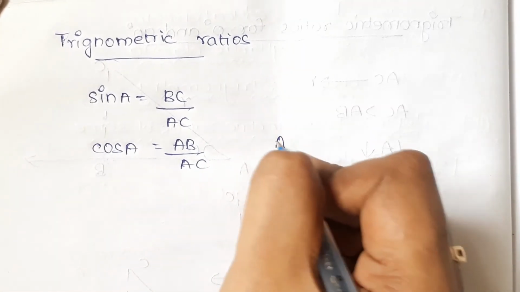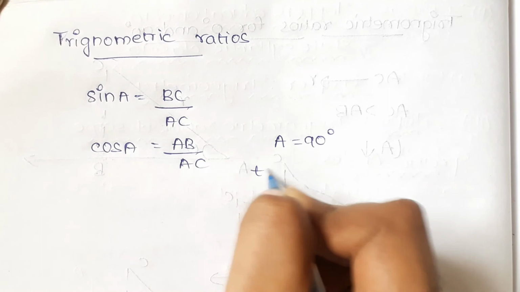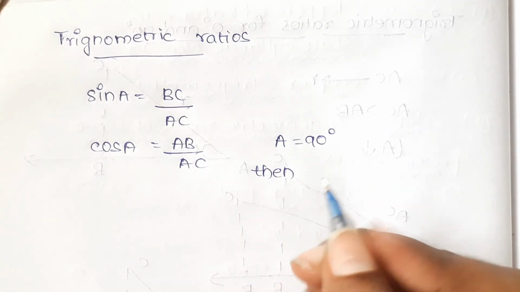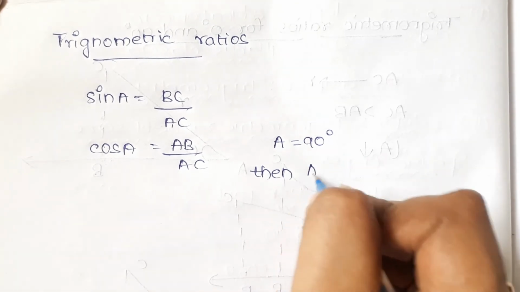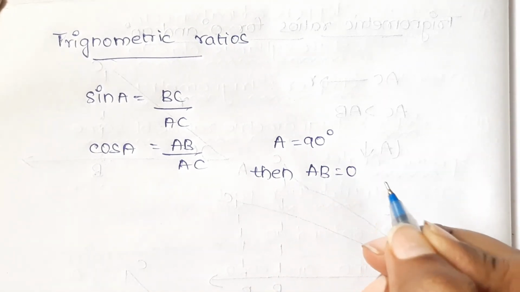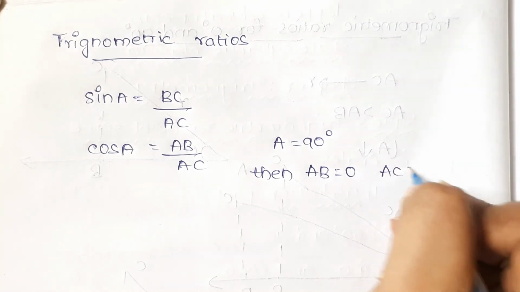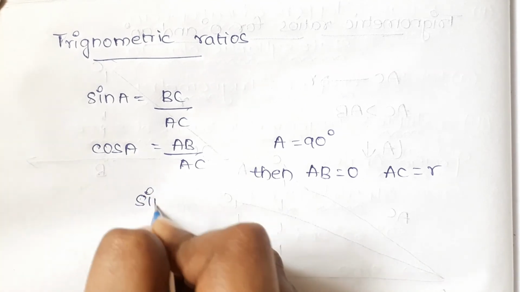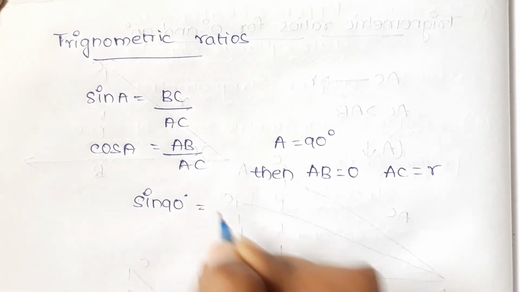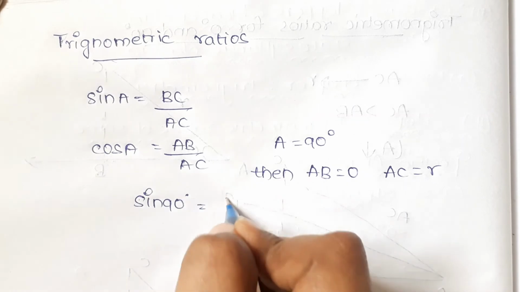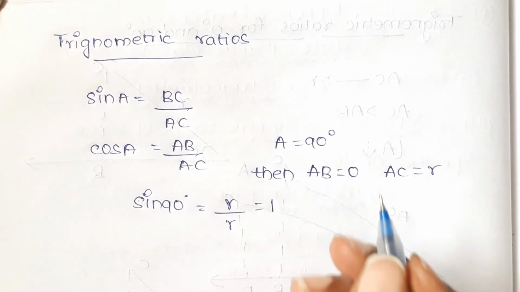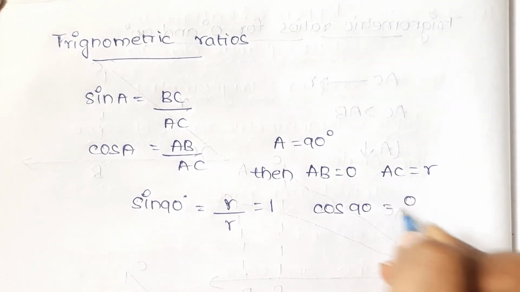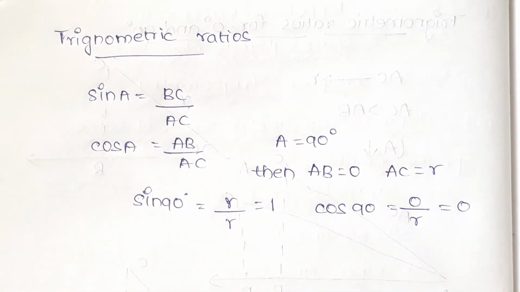If angle A is 90 degrees, then the base, that is AB, is 0 and AC is equal to its length r. So sin 90 equals BC by AC, that is r by r equals 1, and similarly cos 90 is 0 by r, that equals 0.